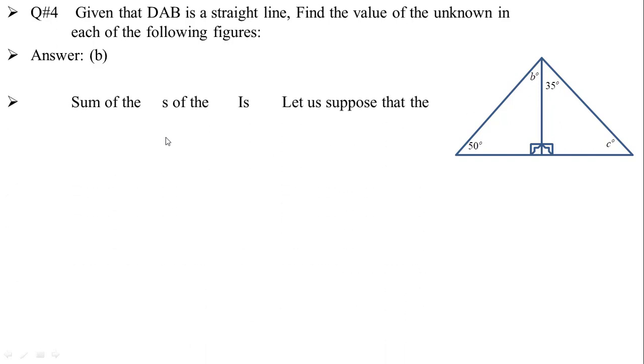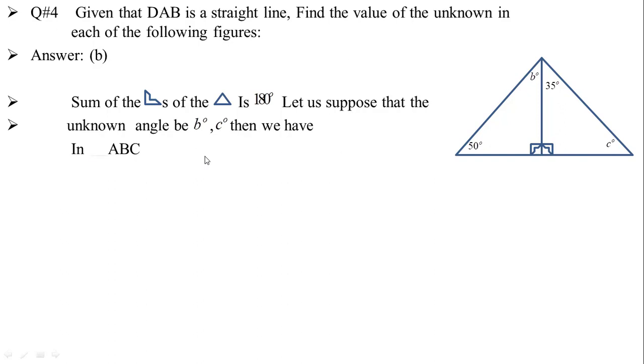First of all, we see the definition: the sum of angles of a triangle is 180 degrees. Let us suppose that the unknown angles are B degrees and C degrees. So we take the first triangle, triangle ABC. One angle is 90 degrees, another angle is 35 degrees and the third angle is C degrees.